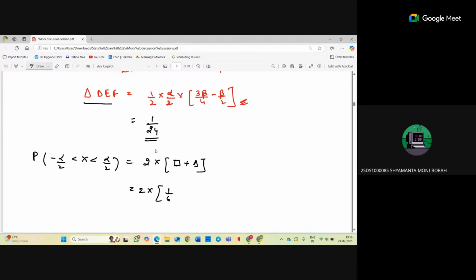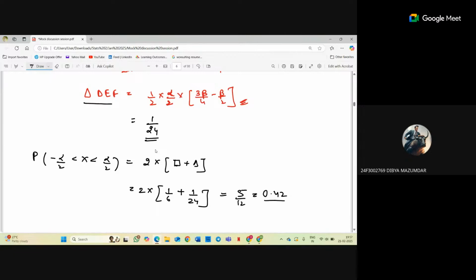And 1 by 24. So if you solve this, you will get 5 by 12, which is 0.42.